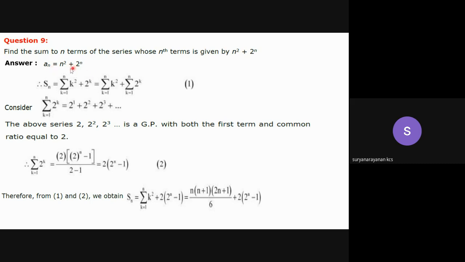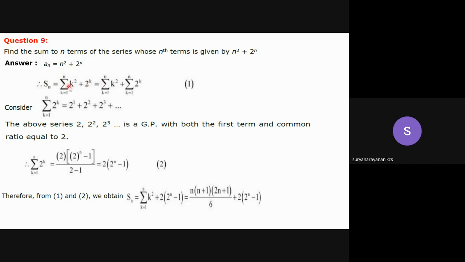So we have to find sum to n terms of the given series. It means we have to apply the sigma notation for this equation. Therefore, Sn is equal to, in the place of n we write k. Remember this point. So sigma k is equal to 1 to n, k square plus 2 power k.